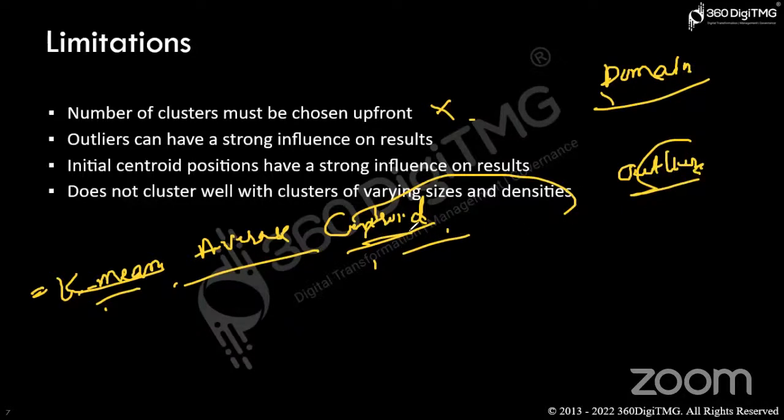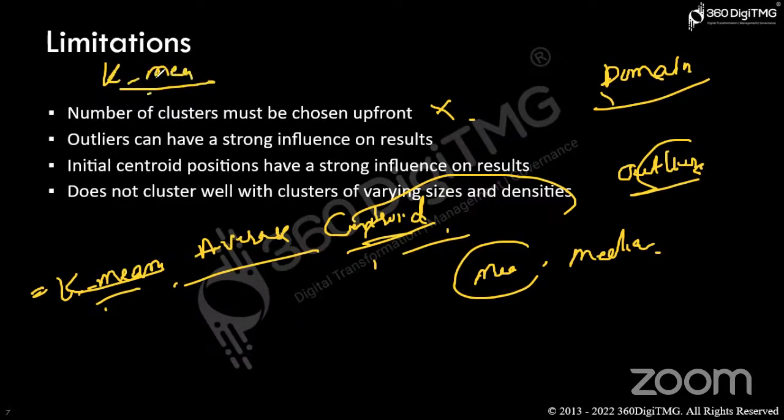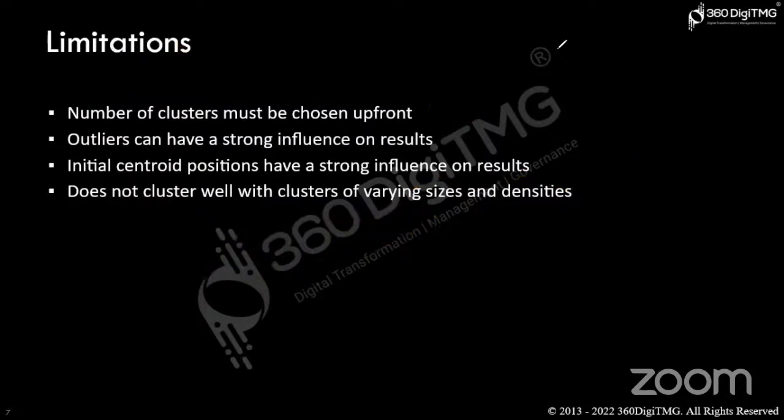Whenever you have outliers, instead of going for the mean, we will go more for the median. Why? Because the mean is getting affected by the outliers. Since the name itself is k-means, with k values, we calculate the clusters based on the mean. Because of this, if you have outliers, it will definitely get affected. So it is one of the limitations.